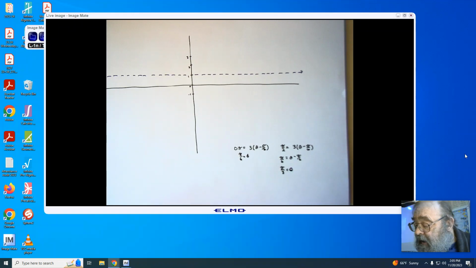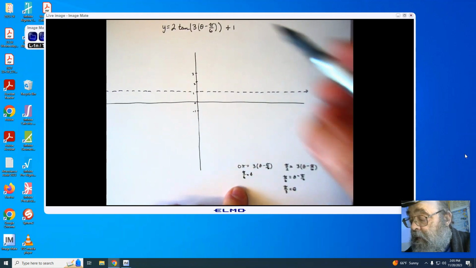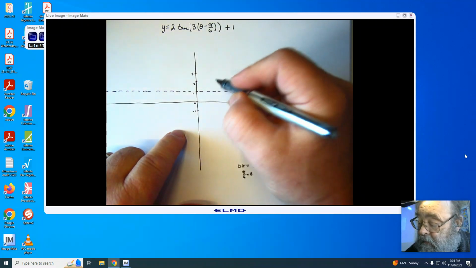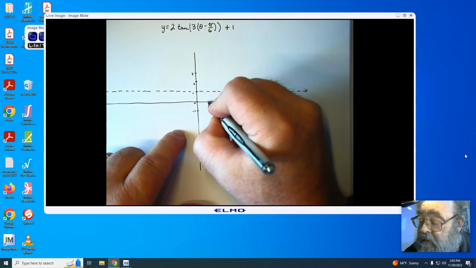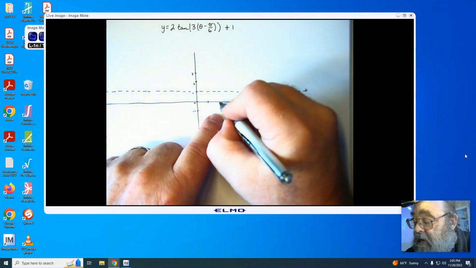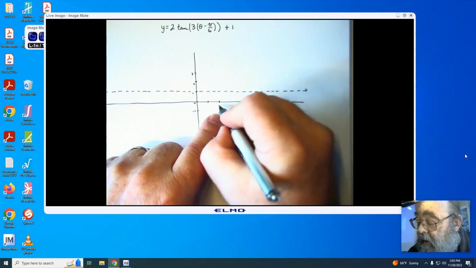So how far did I go? Well, I started at pi over 6, and then I went another pi over 6 over. So we're going to start by locating pi over 6. This is where the center is. We're going to move over a pi over 6. That's where the asymptote is.